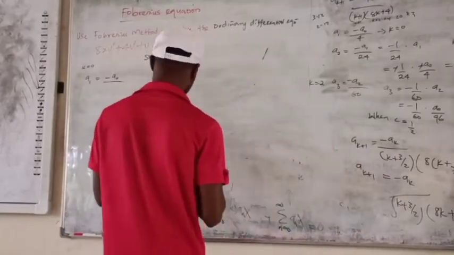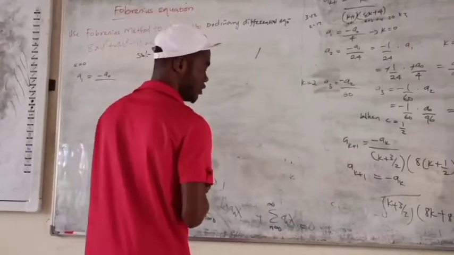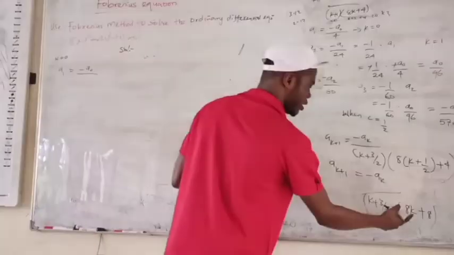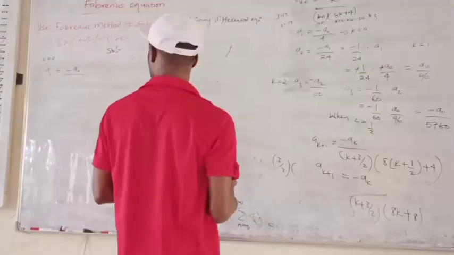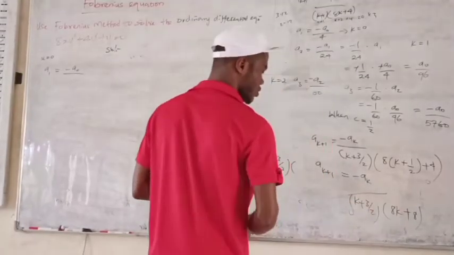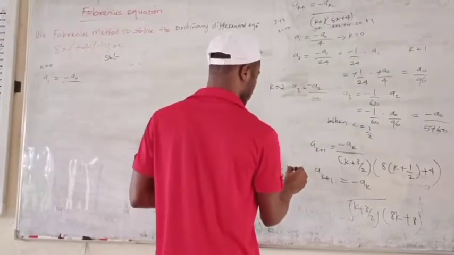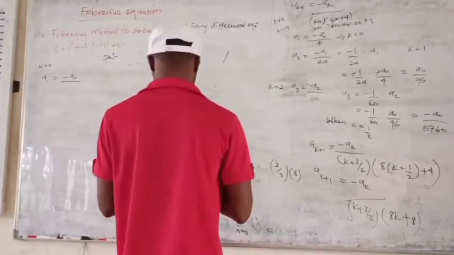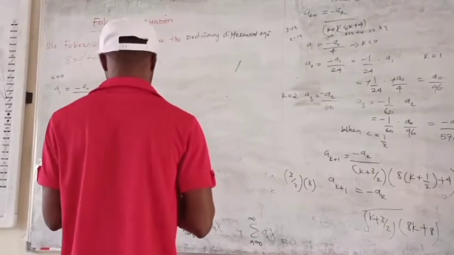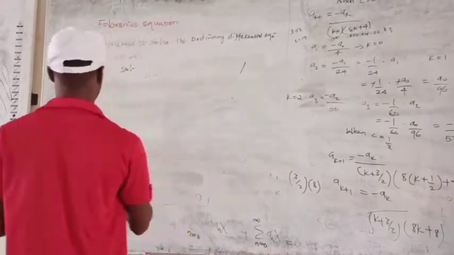So I have 3 over 2 times, I know that my k is equal to 0, of course, this turns to 0. So 3 over 2 times 8. So 3 over 2 times 8 gives me 12. So I have 12 here.